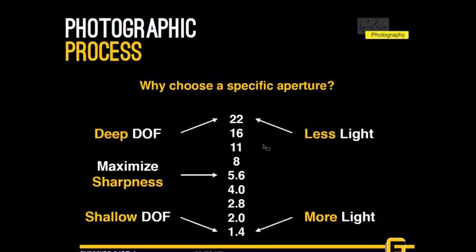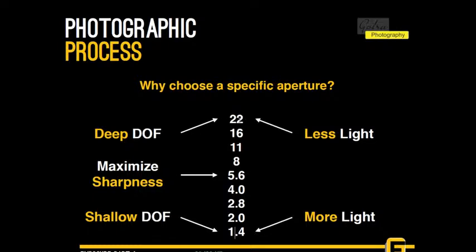Okay, so exposure, as you all know by now how the exposure works. If you have a wider aperture, a more open aperture, there will be more light, so it will be overexposed if you go higher and higher.